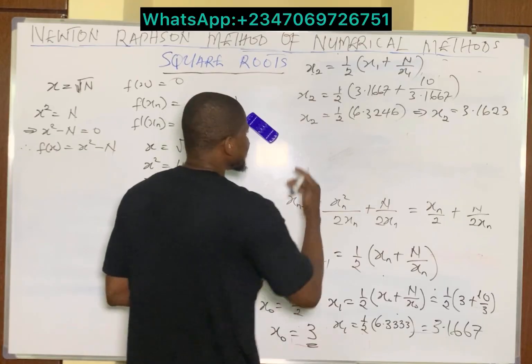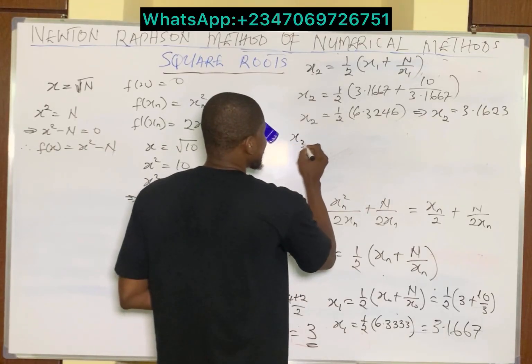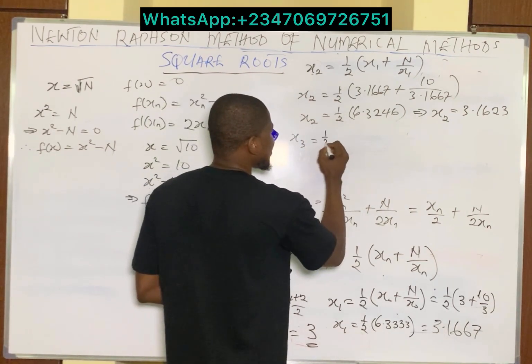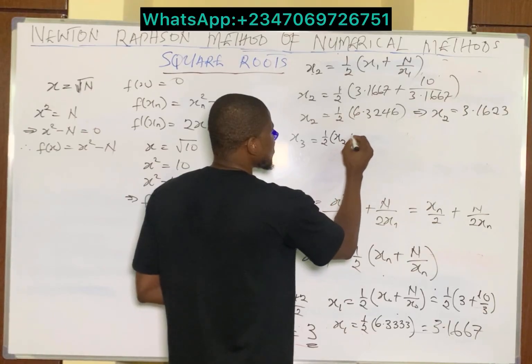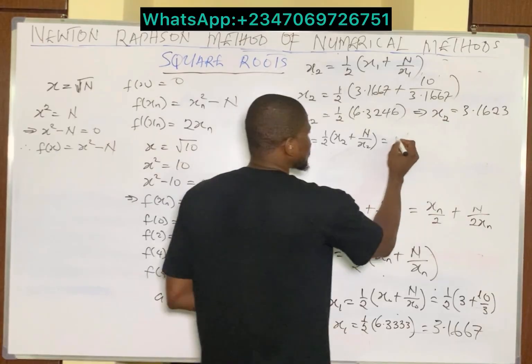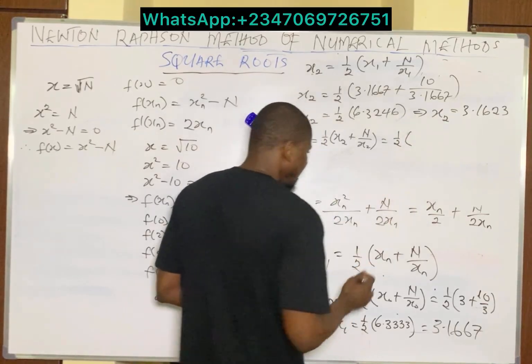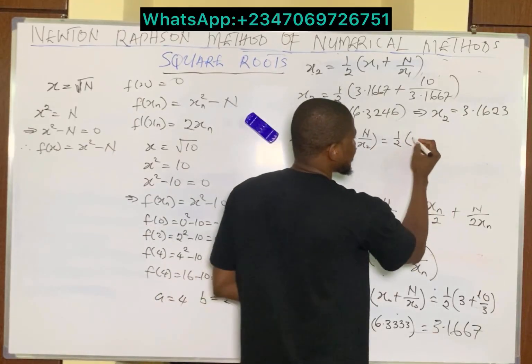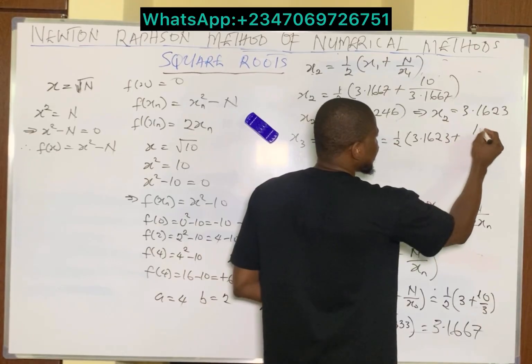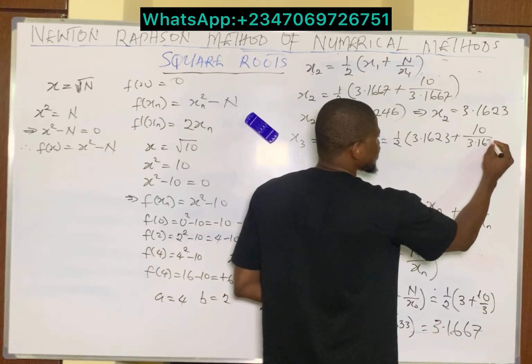So the third root becomes x3. We fall back to the formula and plug in x2. So we have 1 over 2 into x2 plus n over x2. This is equal to 1 over 2 into x2, which is the value we just obtained, 3.1623, plus 10 over 3.1623.